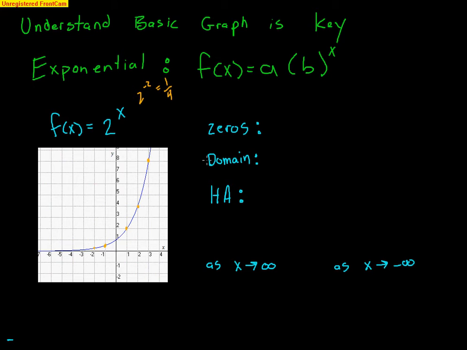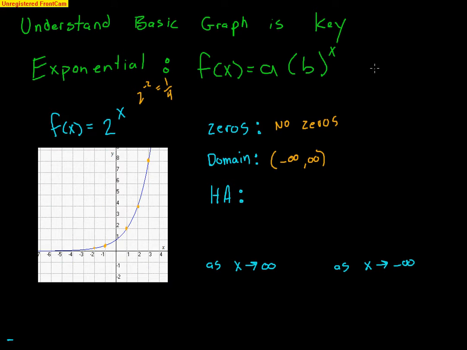So first off, let's talk about the domain. The domain for one of these functions is negative infinity to infinity. There's never going to be a domain issue when you're working with exponential functions because you can always have any value you want for x, your exponent. However, we are also going to have no zeros. Why do we have no zeros for this function? Because no value will ever make the function 0.